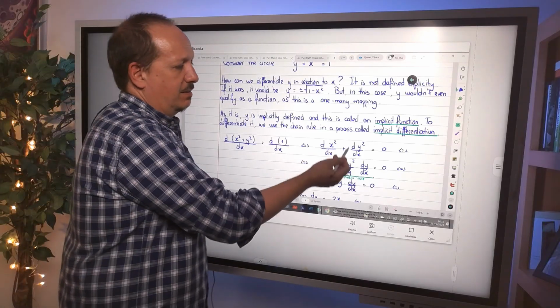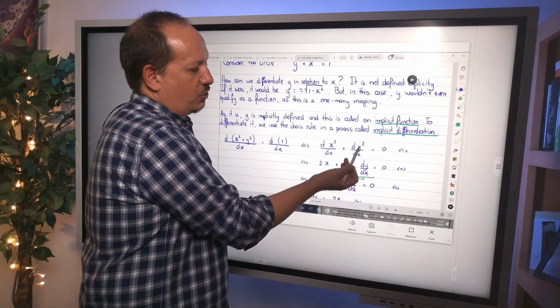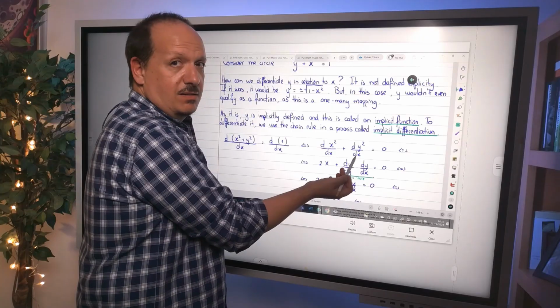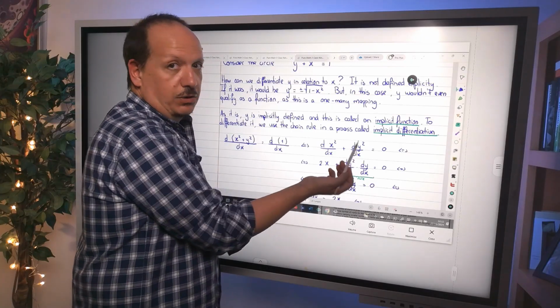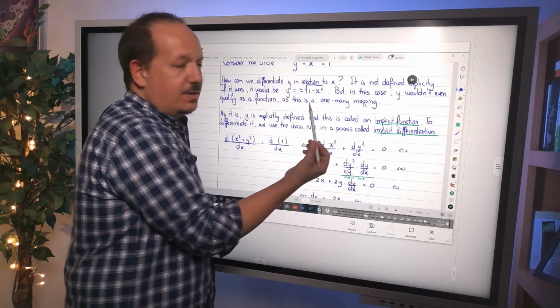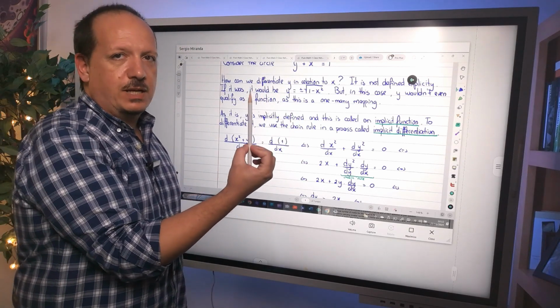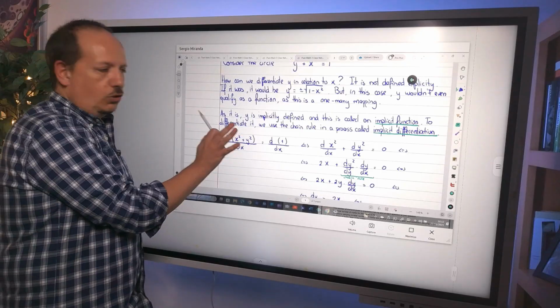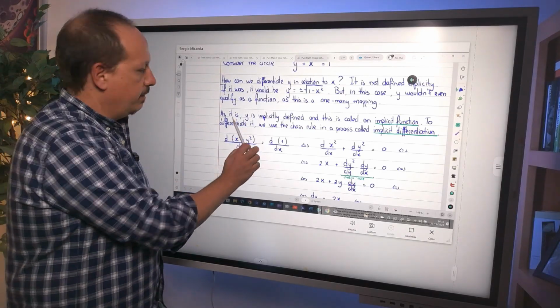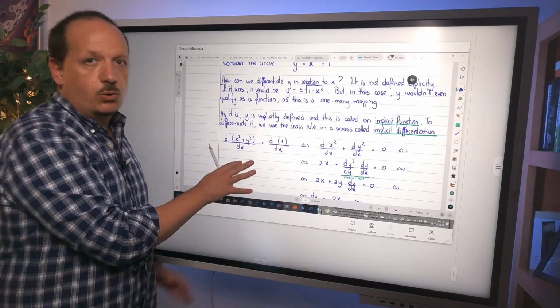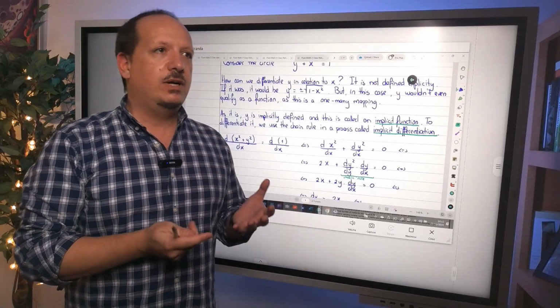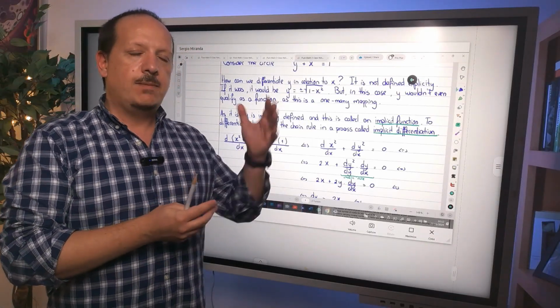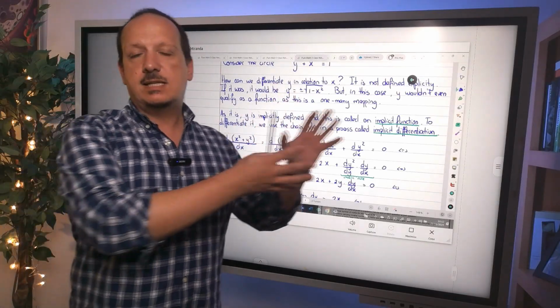What about that? You are differentiating y squared in terms of x. And you don't know how to do that. But you know one rule from last year that will allow you to get somewhere. Don't forget and don't lose track of what you want. You want to differentiate an expression. So at the end, you want to have an expression that looks like this. dy by dx equals something.